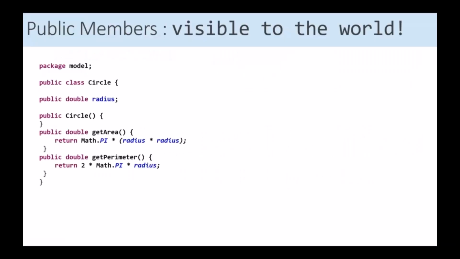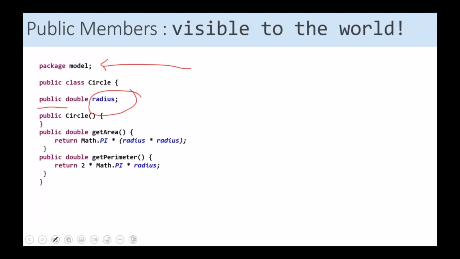Public members are visible to everyone. So what do you see first here? The package. Now you know that later you need to pay attention to the package, because knowing which package you are in, you know which methods are usable in the package or outside the package.